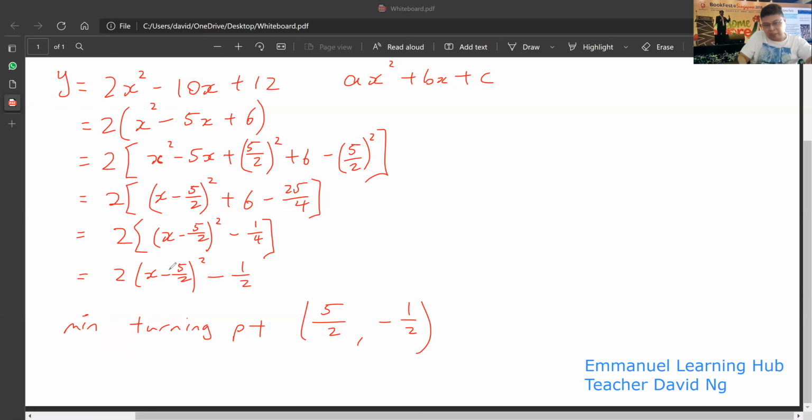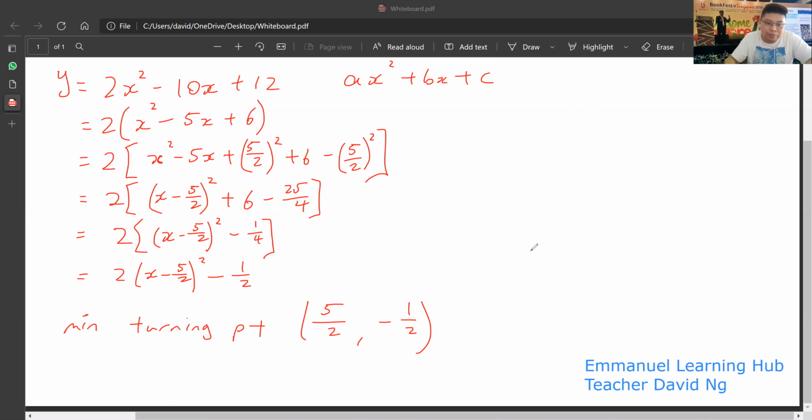Whatever is in the bracket is x minus 5/2. If this value is 0, x is 5/2. How about my y? When this value is 0, this whole chunk here is 0, so I'm left with negative half. So this is a very fast way to find your turning point without plotting the graph.